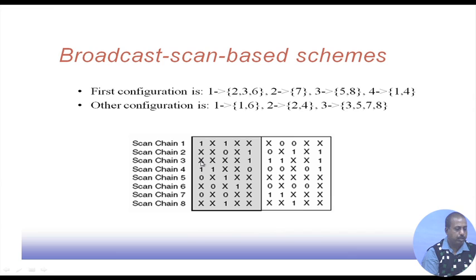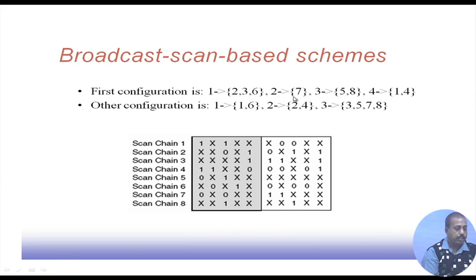I am sorry, for the previous explanation by column, this is actually by the scan chain: scan chain 2, scan chain 3 and scan chain 6 are compatible to each other, like this is x, x, 0, x, 1.